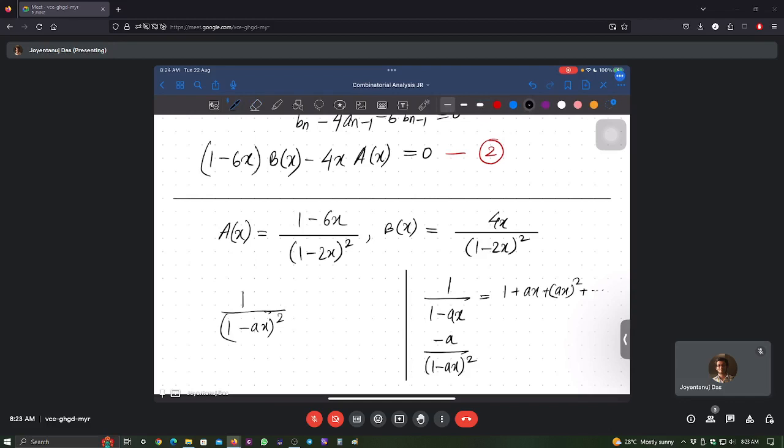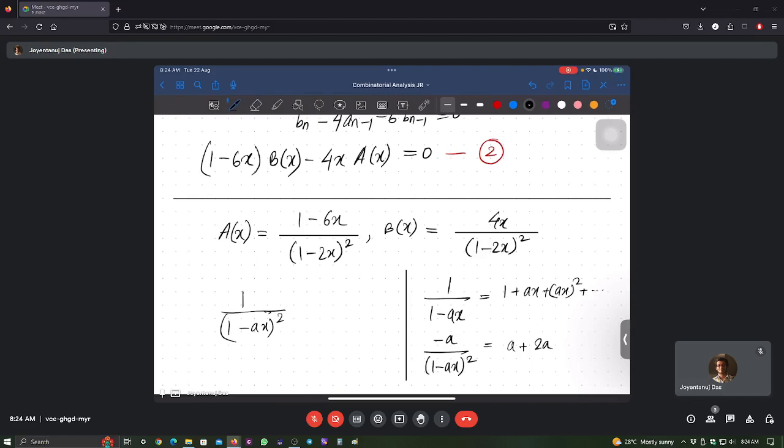I have to also check. On the other side, we have a plus 2a squared x. Wait, we're differentiating with respect to x, right?